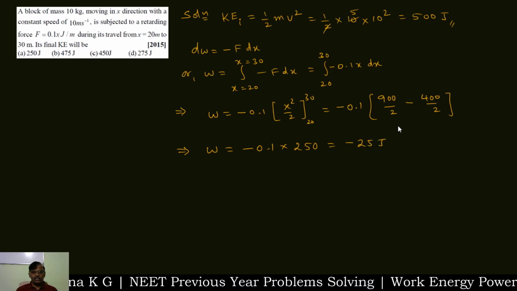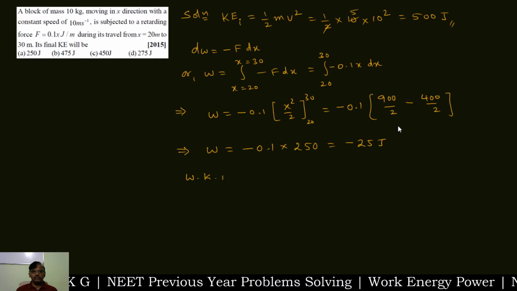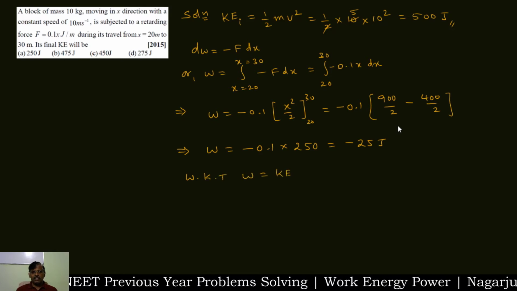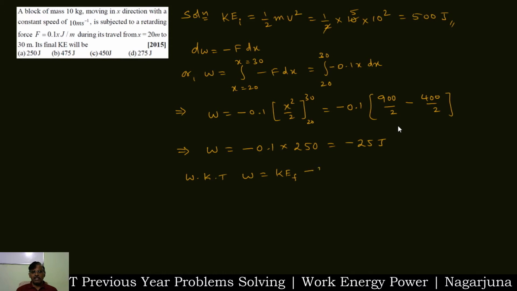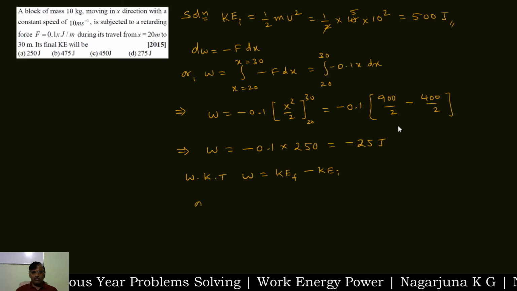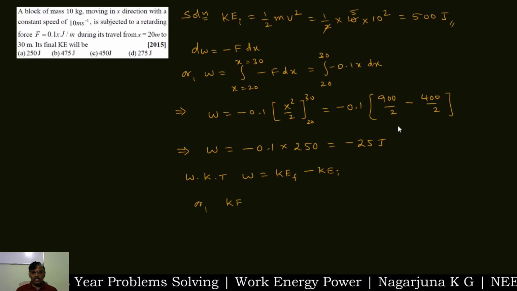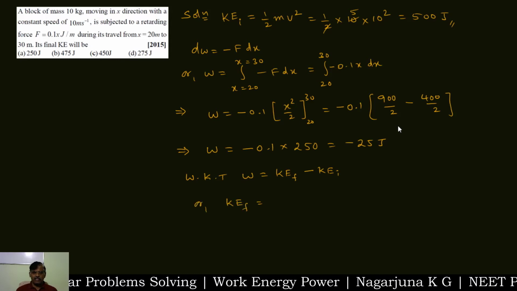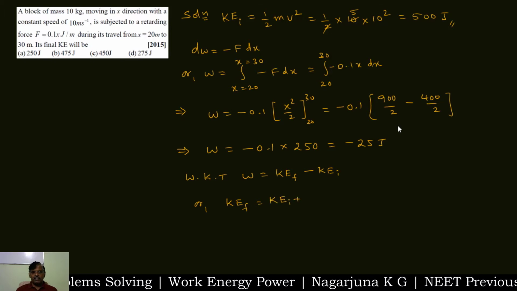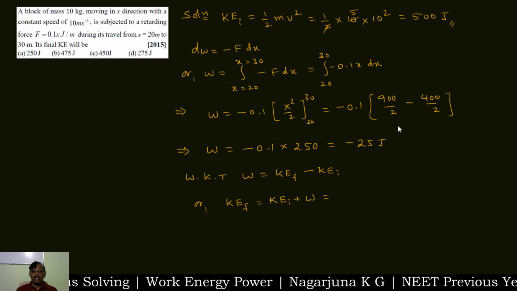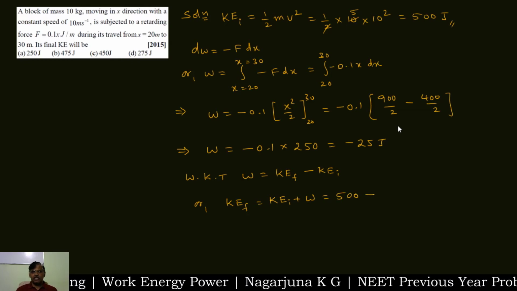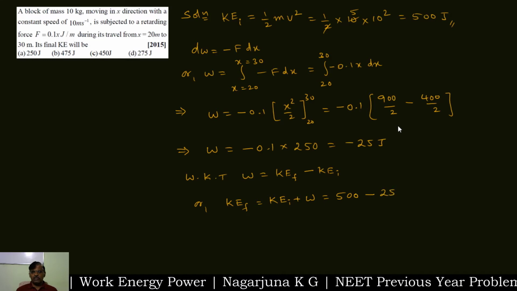According to the work energy theorem, W is equal to the change in kinetic energy, that is final kinetic energy minus initial kinetic energy. Or the final kinetic energy KEf can be written as KEi, the initial kinetic energy, plus W. So KEi calculated in the first line is 500 joules, and W is equal to minus 25 joules.